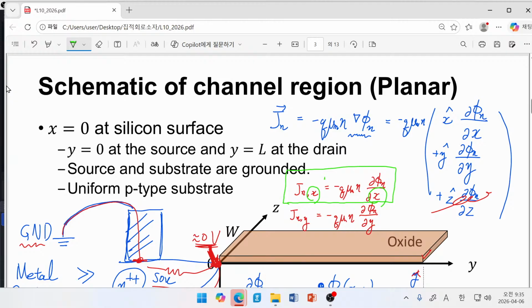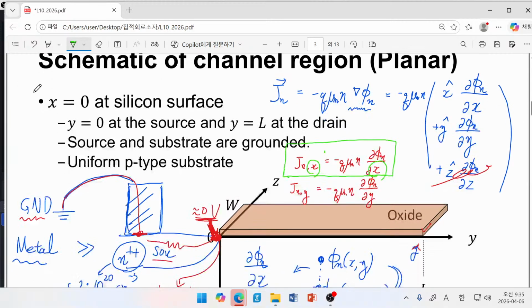So if our electron quasi-Fermi potential varies along the vertical direction, then at the same time we have to allow non-vanishing current conduction along this vertical direction. Please think about this one.